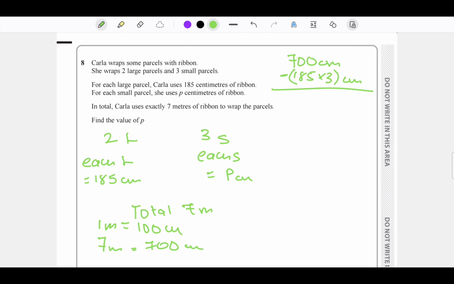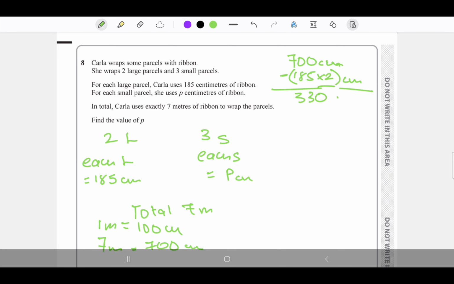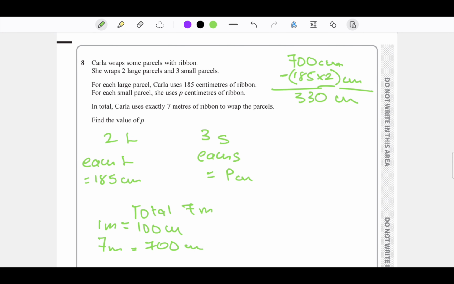Oh wait, I made a mistake. This is not 3, this is actually 2. That would give us our answer of 330 centimeters. With a balance of 330 centimeters, we are going to divide 330 by 3 because there are 3 small parcels. We want to see how much each small parcel is. That would equal p. When you put it into the calculator, we get that p equals 110 centimeters.